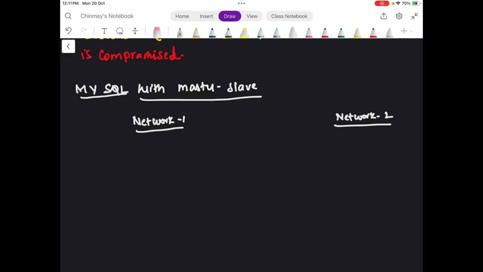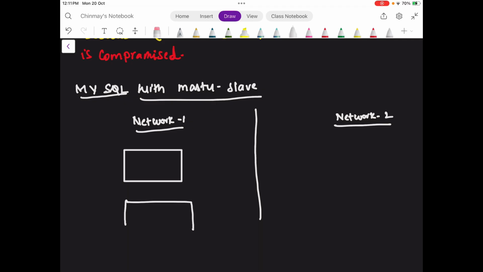Here network 1 consists of 2 nodes. Here network 2 consists of a single node.